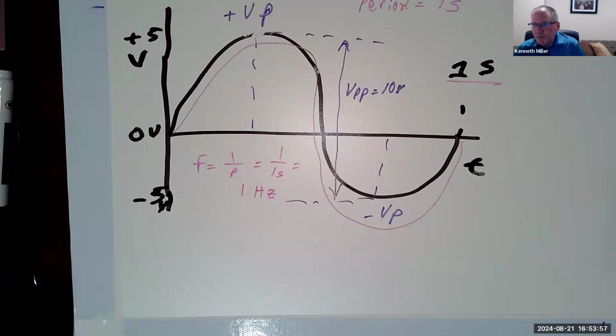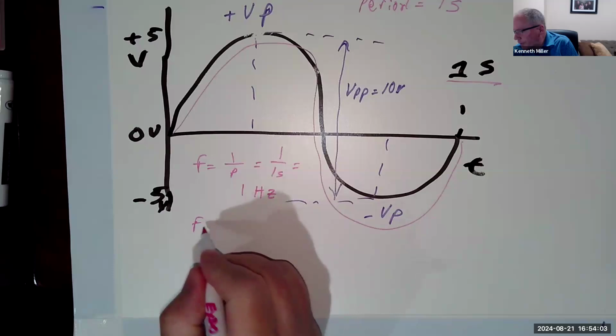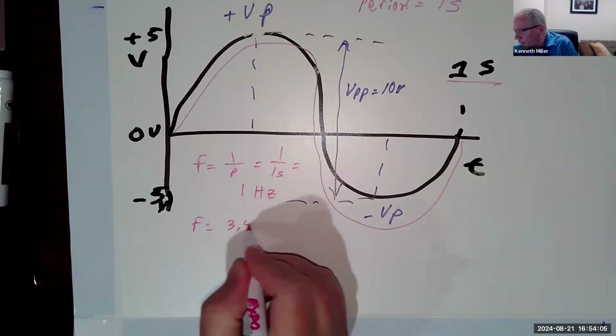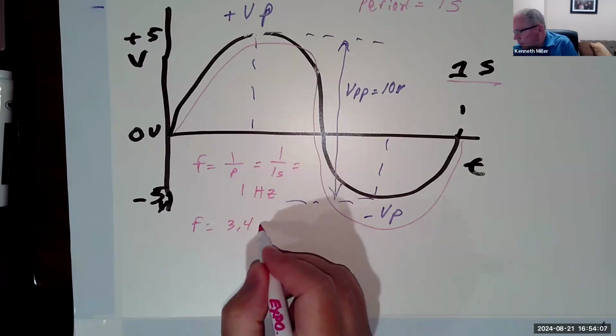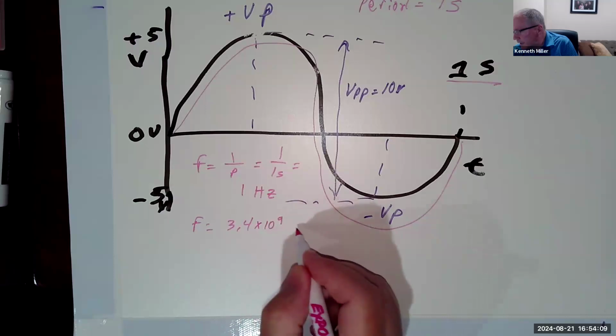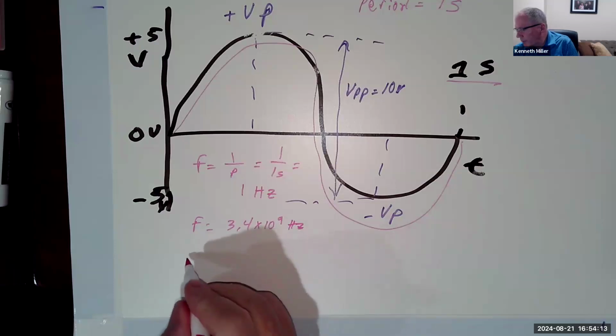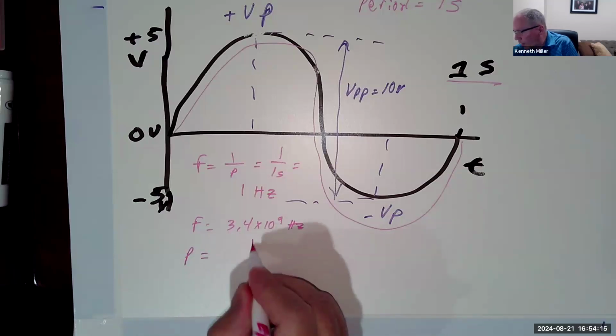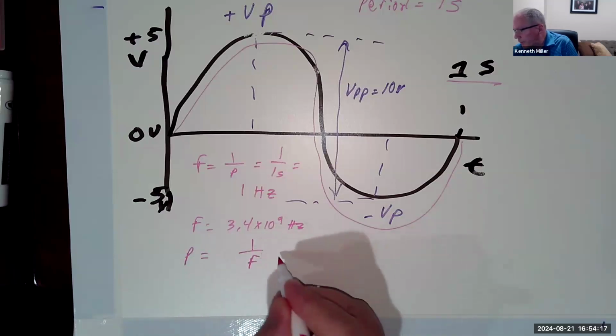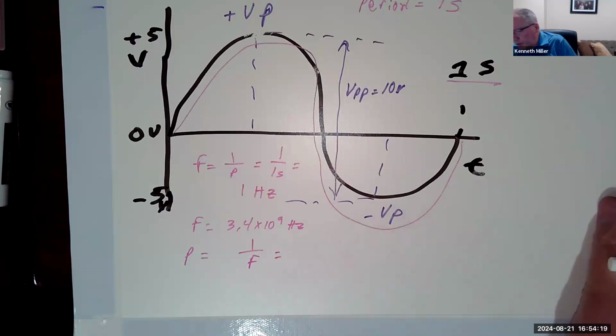A 3.4 gigahertz processor, which means the frequency is 3.4 gig, which is 10 to the 9th hertz. So what would be the period? It would be 1 over the frequency.